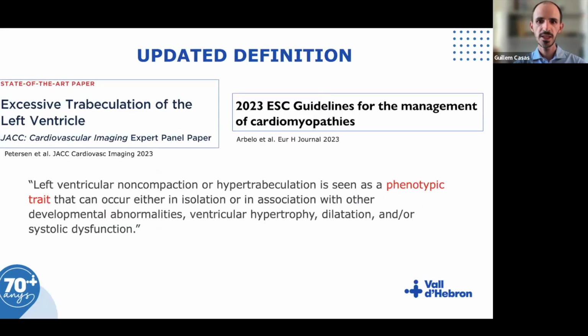So altogether, this controversy led to an updated definition in 2023, both by an expert consensus and the ESC guidelines, suggesting that non-compaction per se is not a cardiomyopathy, but rather a phenotypic trait that can occur either in isolation or in association with an underlying cardiomyopathy.